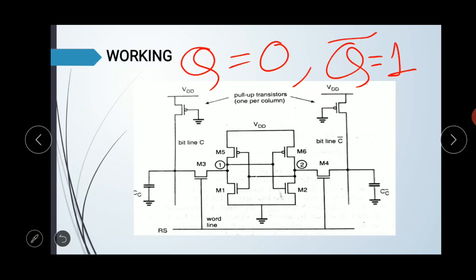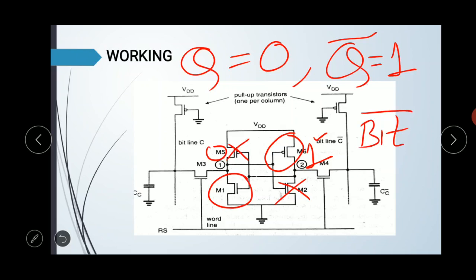So when this node voltage is at 0 level and this one is at 1 level, that means M6 is on and M2 is off, and here M1 is on and M5 is off. And here we ground the bit bar column, meaning this line is at 0 volt.